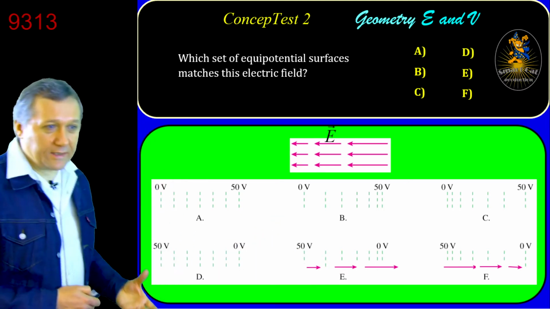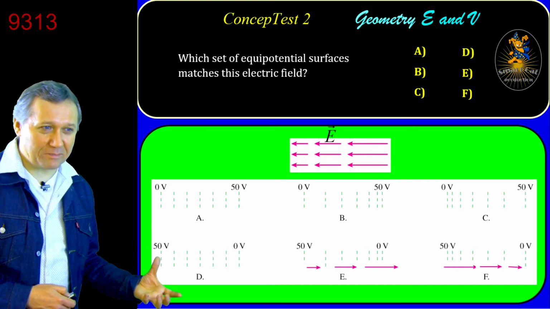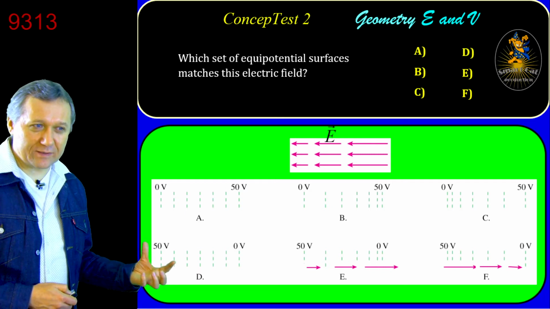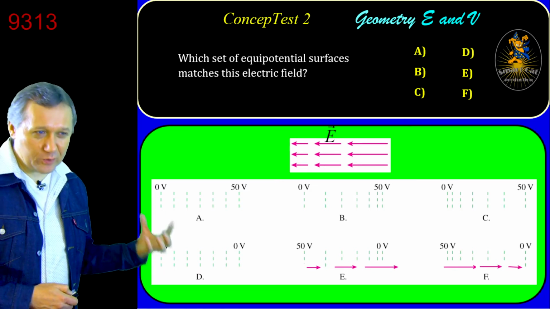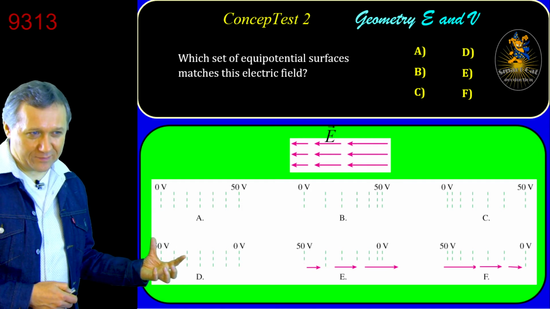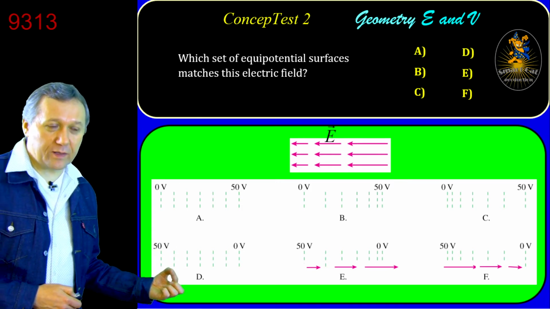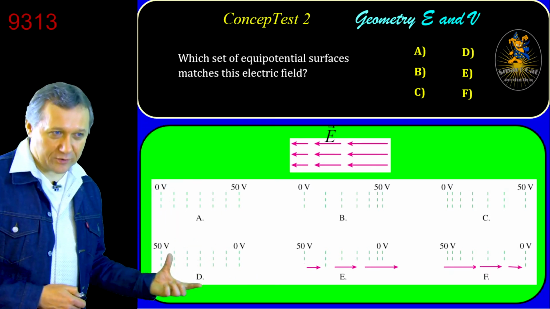Then D. What can you say about this electric field immediately? We even have a special term to describe electric fields like this: uniform electric field. Because you see, the density of lines is exactly the same, so the electric field strength is the same.